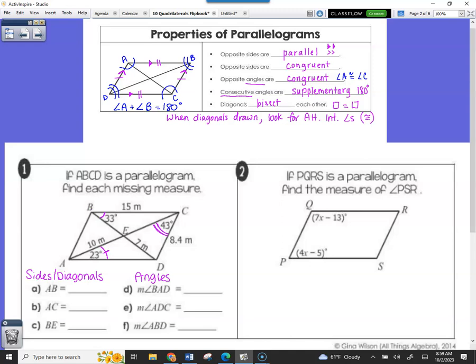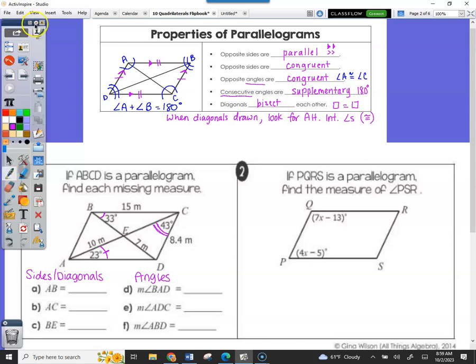Okay, so this says find AB. I'll use my highlighter to draw your attention to it. AB is right here. Where should I look to see if I can immediately state the length of AB? Yeah, go to the other side of the shape.